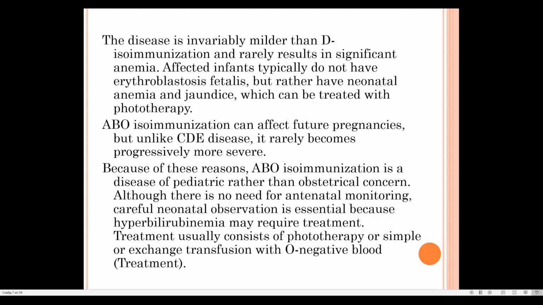Because of these reasons, ABO isoimmunization is a disease of pediatric rather than obstetrical concern. Although there is no need for antenatal monitoring, careful neonatal observation is essential because hyperbilirubinemia may require treatment. Treatment usually consists of phototherapy or simple or exchange transfusion with O-negative blood.